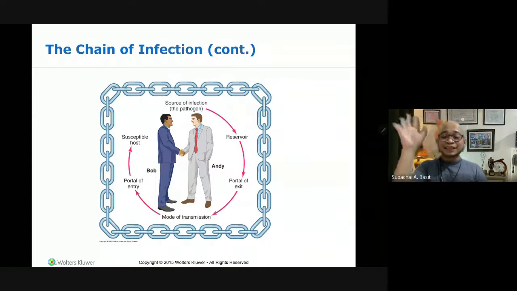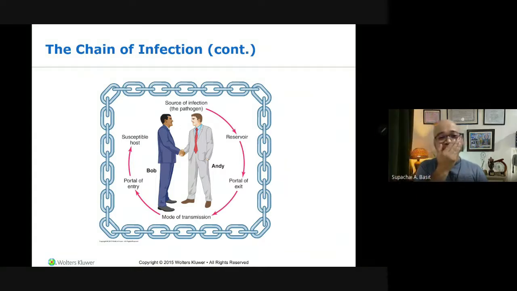He used his hand to cover his mouth when he sneezed, but Bob didn't know about it. And then he shook hands with Bob. So the pathogens, the viruses, are now in Bob's hand. And after he shook hands with Andy, Bob scratches his eyes. Now, this is the portal of entry. So Bob became infected with COVID-19.